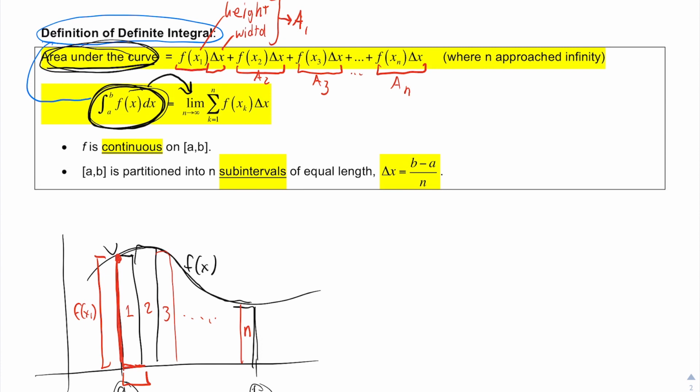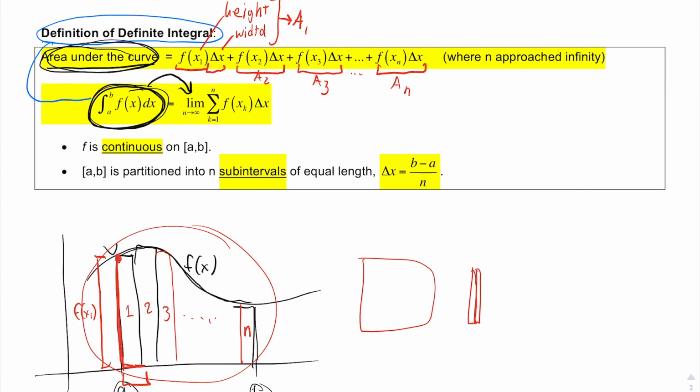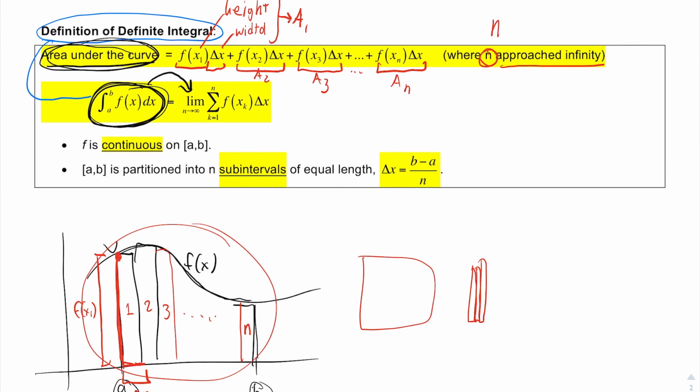And like we said before, to be more accurate, we don't want big rectangles. We want small, tiny rectangles to be more accurate to the curve, right? And that's where this idea comes in, where n, representing the number of rectangles, approaches infinity, right? Hint, limits.